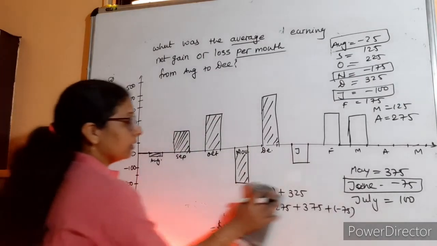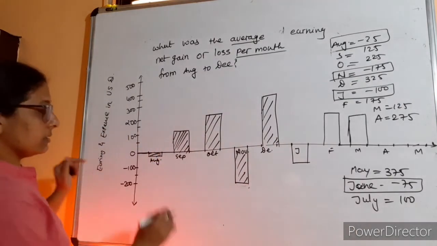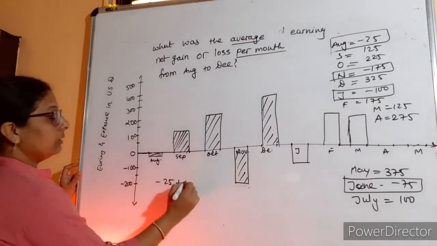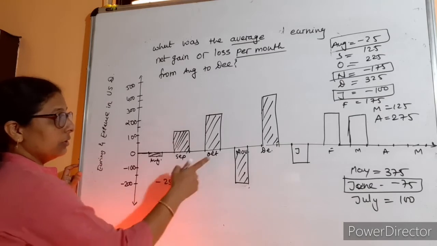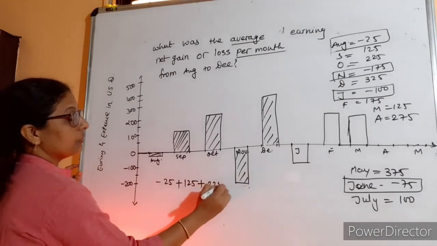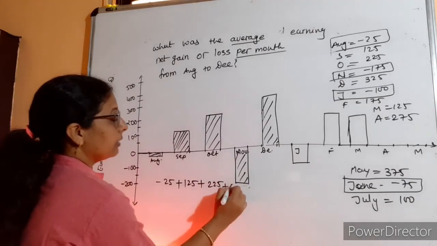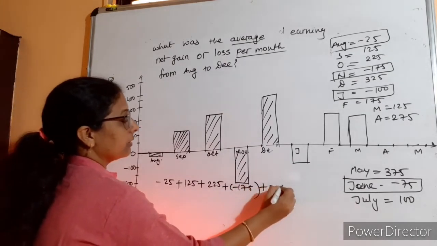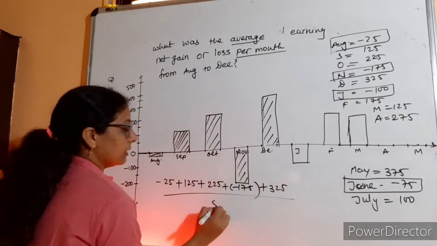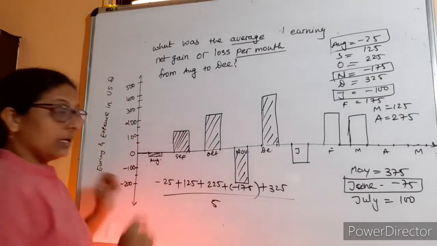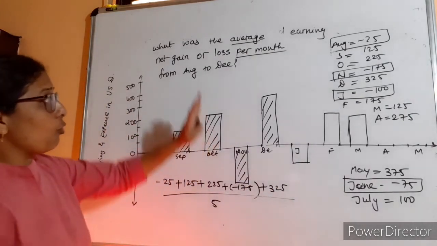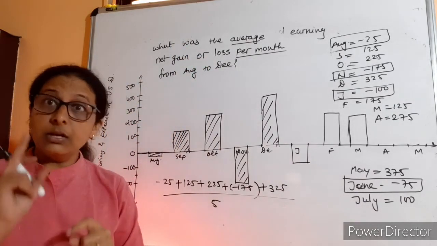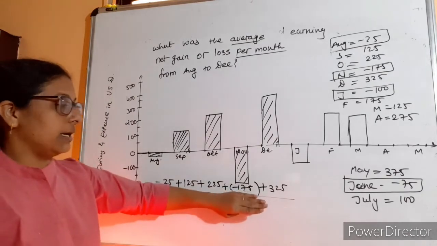So here: August minus 25, September 125, October 225, November minus 175 and December 325, divided by 5. If you only want the profit or loss in total over the 5 months, you just add it.